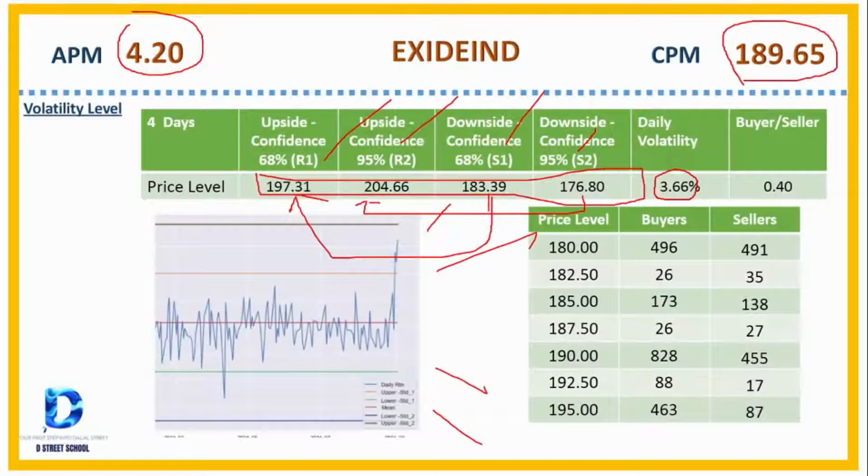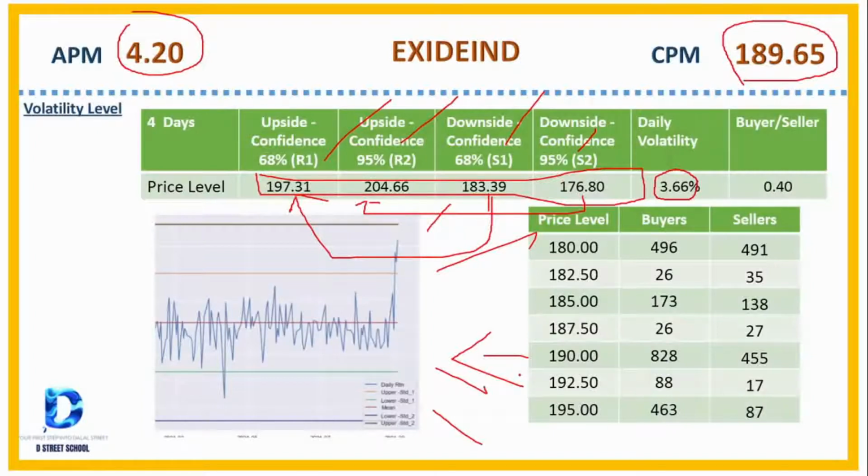You can also see the option chain, where you can see the option sellers and buyers. The nearest resistance would be 190. If it breaches, the market will go to 195, where we can see a few call option sellers.